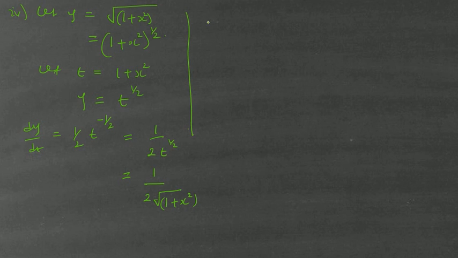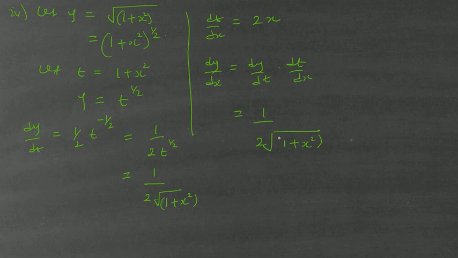So we get dt/dx. What is dt/dx from here? This is a constant, so it is 0, then this one gives us 2x. So our dy/dx using the chain rule, which is dy/dt times dt/dx, when we substitute, our dy/dt is 1 over 2 square root of 1 plus x squared, times 2x.